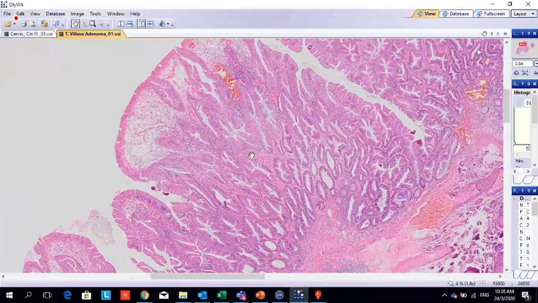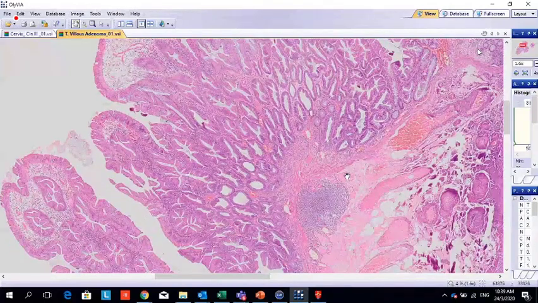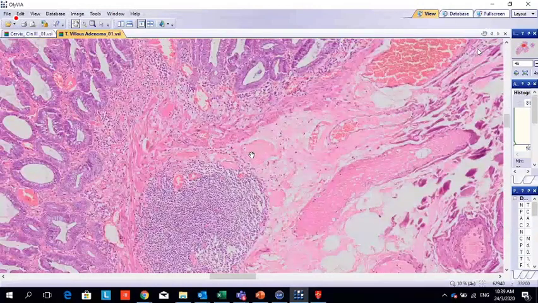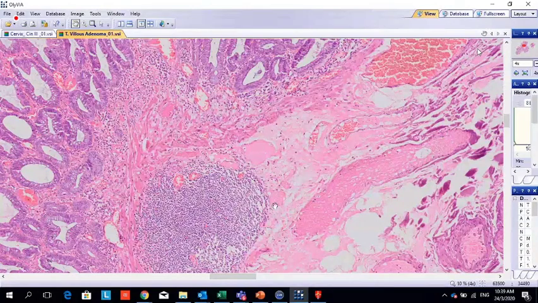Understood? Doctor, what is that big purple circle in the middle of the stalk? In the pink area, there is a purple circle, just below the connective tissue. This one is the lymphatic. No, below the lymphatic, the big circle.